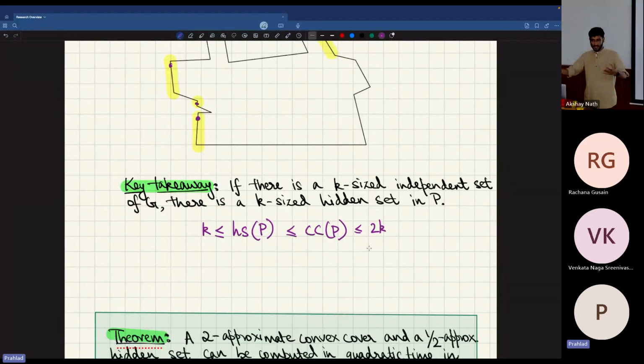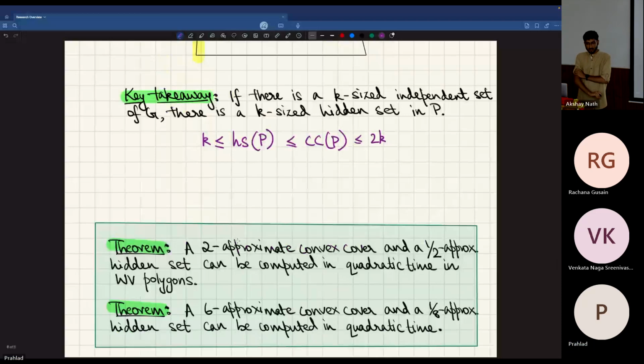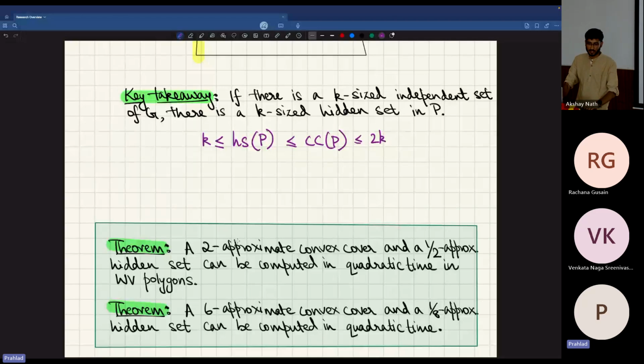So if I report k as my hidden set number, then I am off by a factor of at most 2, because the hidden set number is at most 2k and at least k. So I'll report k. For the convex cover number, I'll report 2k, and we know that you're again off by a factor of at most 2 because it's bounded below by k, right? Therefore, we have a 2-approximate convex cover and a half-approximate hidden set. Again, 2 and half just because it's a maximization versus minimization thing.